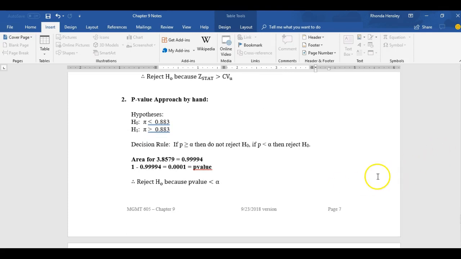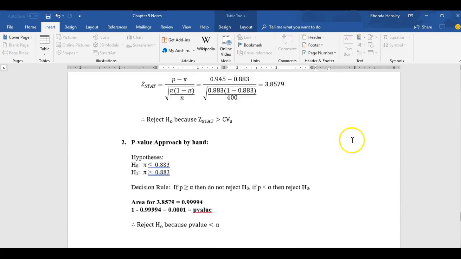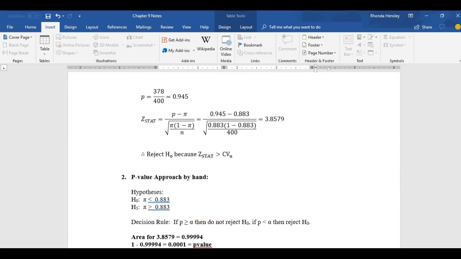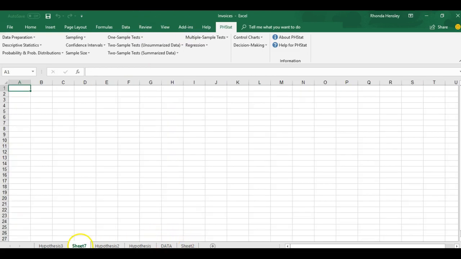The p-value you can do by hand, but I'm going to look at it using PHStat. If you want to do it by hand, go back and look at it, but I assume you'd rather do PHStat. So for PHStat, let me add a sheet here. All of our data was given in the problem.